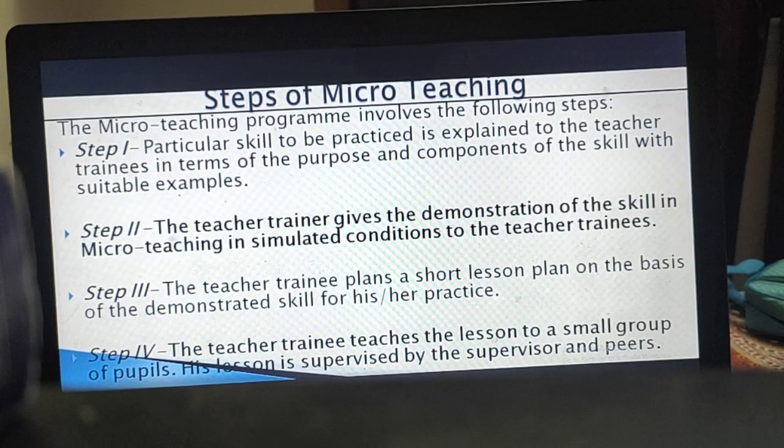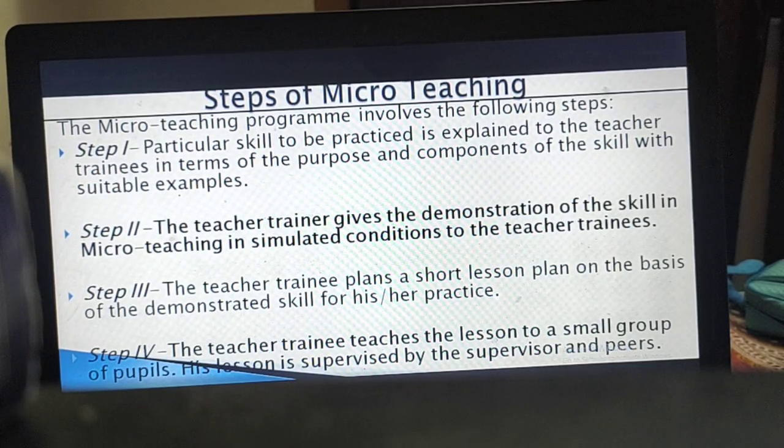Number 3, the teacher has to prepare a lesson plan on the basis of the skill and demonstrate.